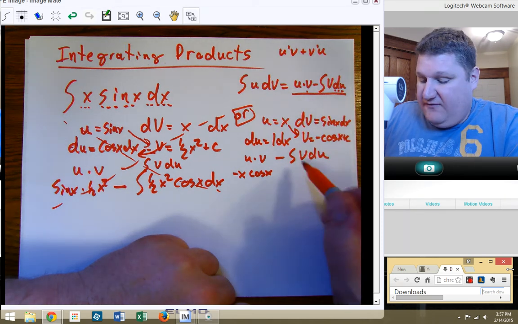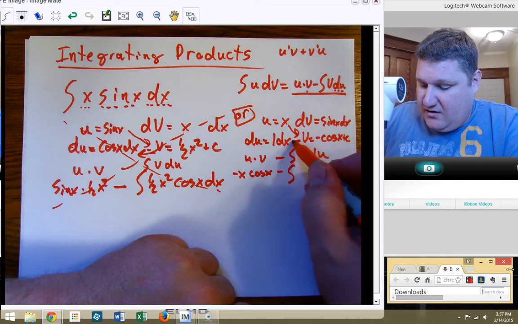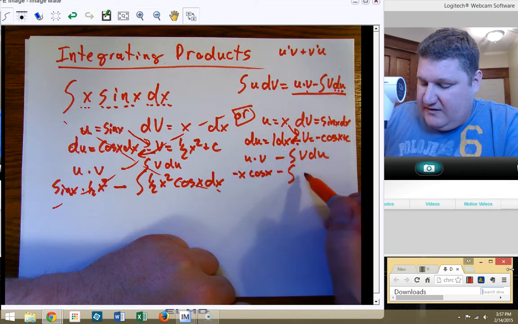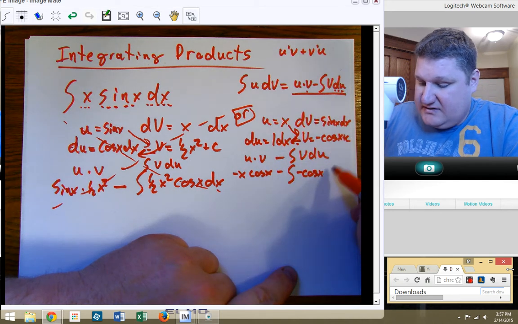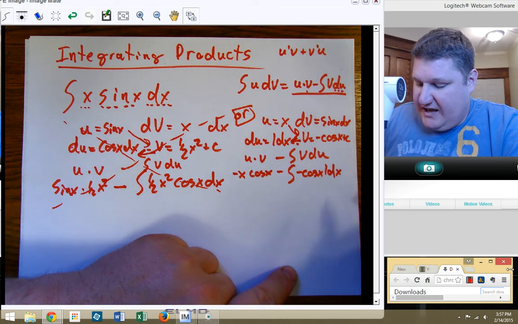Now, if I have the minus the integration of v du, well, v is negative cosine x, and the du is nothing more than 1 dx.